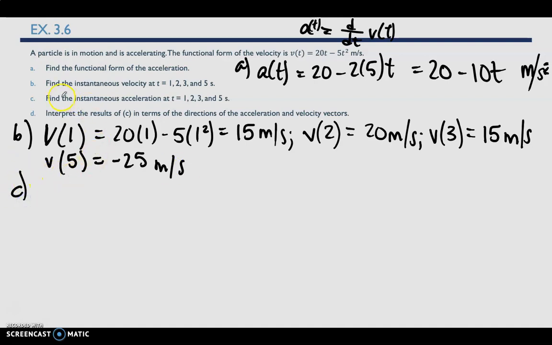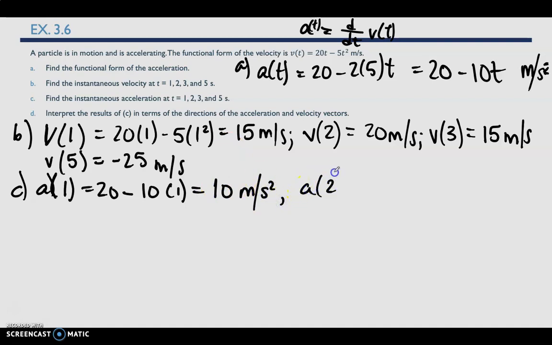Then part C, find the instantaneous acceleration at those same times. So now we're going to do something similar. The acceleration at 1 second is going to be equal to 20 minus 10 times t, which is just 1 in this case. So that gives me 10 meters per second squared. Again, I'm going to just write them down. You can check them on your own.